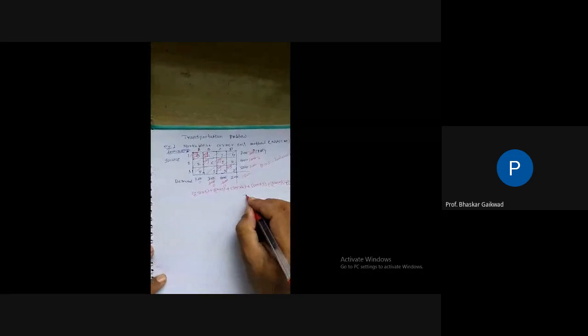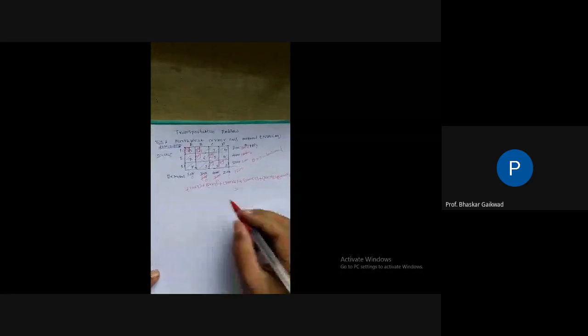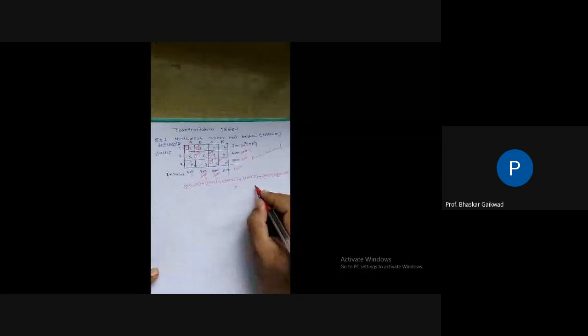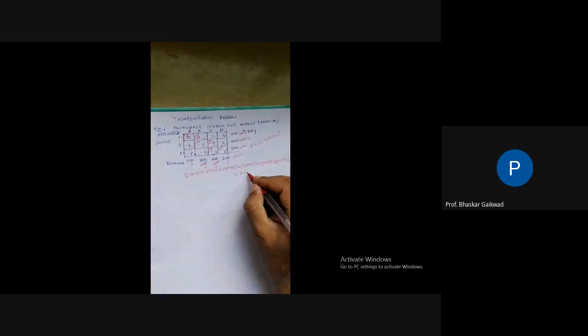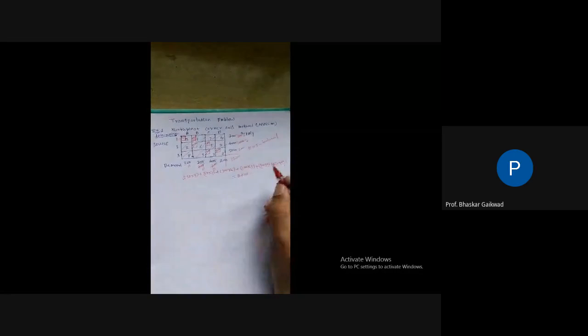So whatever value comes, this is your answer. So this answer is 4,400. You can check this. So this is actually the transportation cost.